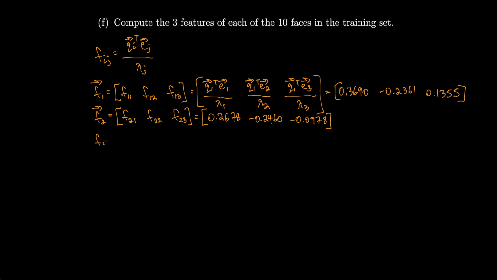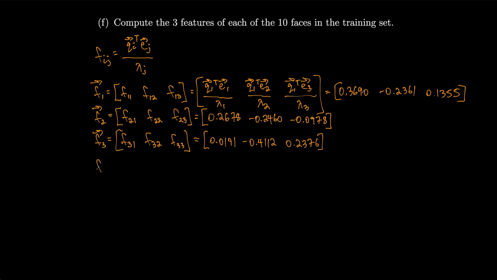For F3, we'll get F31, F32, F33, and that'll be 0.0191, negative 0.4112, 0.2376.